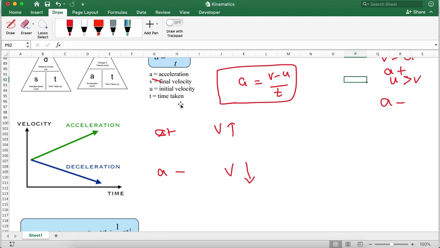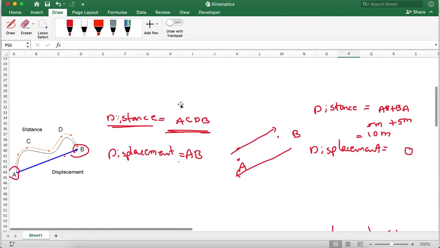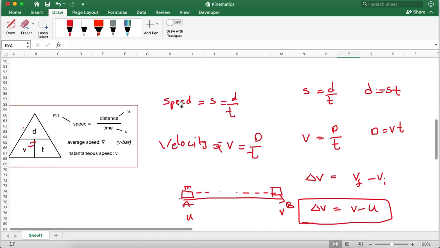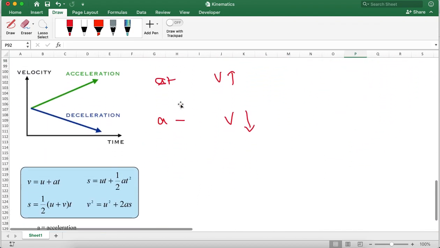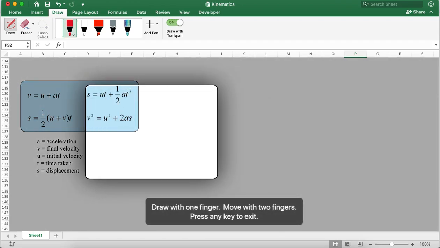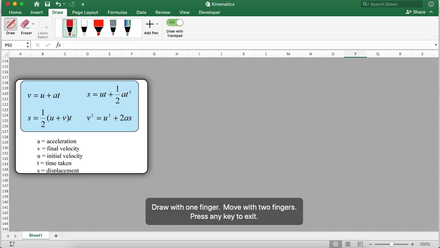After knowing these simple basic terms, let me remind once again. We discussed distance and displacement, speed and velocity, change in velocity, and then acceleration. Now these four equations are very important for kinematics, and by using these four equations we can explain any object's motion, whether it is traveling along the x-axis or y-axis.